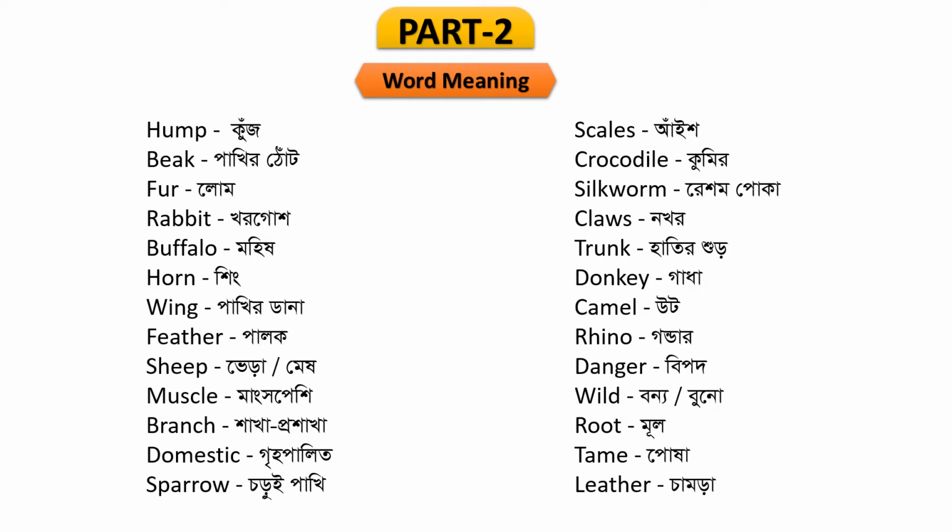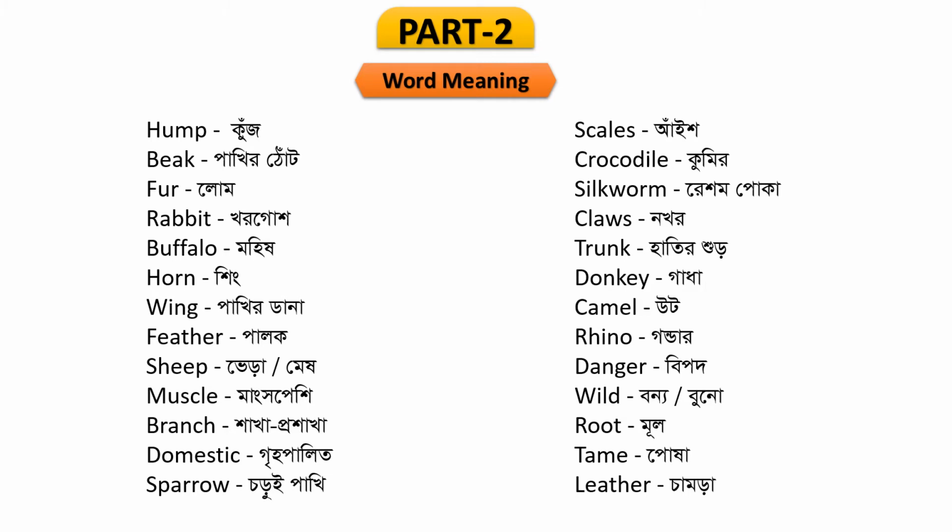Domestic means গৃহপালিত. Sparrow means চড়ুই পাখি. Scales means eyes. Crocodile means কুমির. Silkworm means রেশম পোকা. Claws means নখর. Trunk means হাতির সুর.